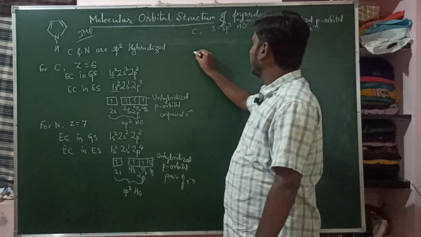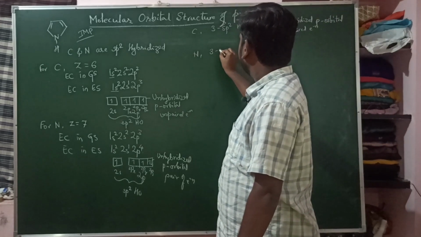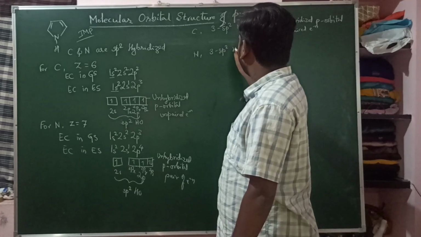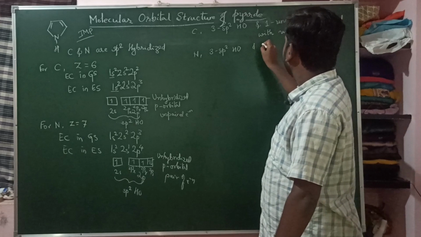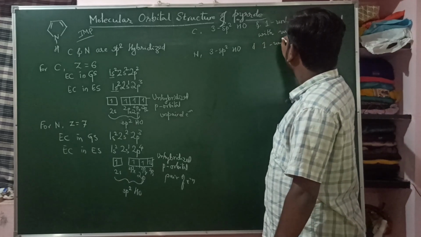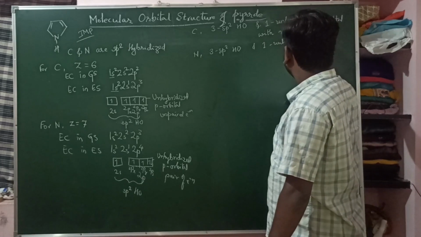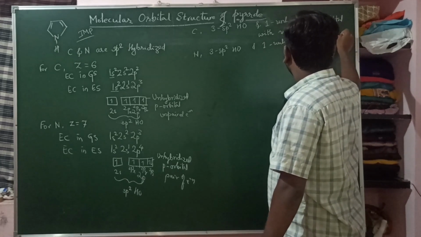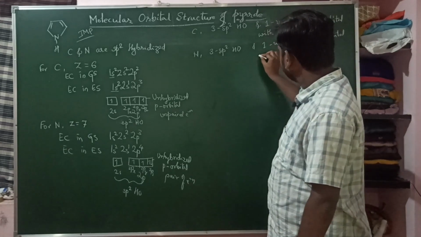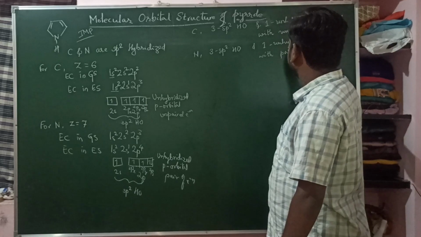For the nitrogen atom there are also three sp2 hybrid orbitals and one unhybridized p orbital, here with a pair of electrons.